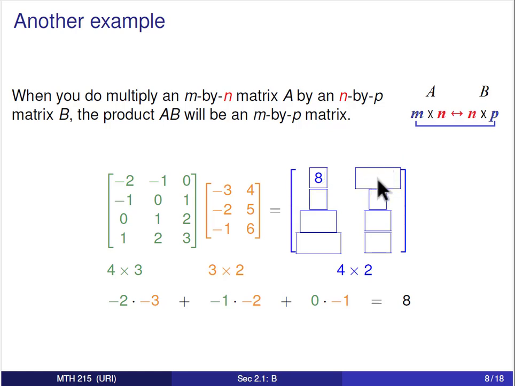Moving along to row 1, column 2, we'll take the same numbers, -2, -1, 0, but this time we'll pair them with 4, 5, and 6, which are the numbers in the second column in B. We'll get -8 plus -5 plus 0, which produces -13. Now, in the interest of time, I'm going to just kind of flip through the rest of this multiplication.